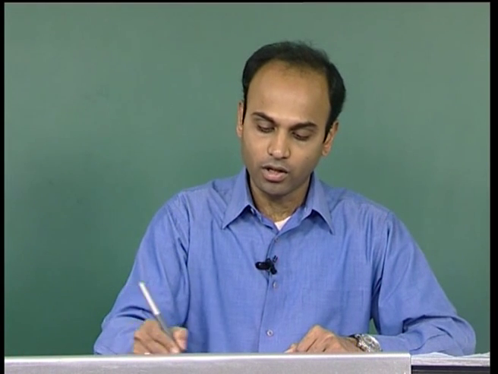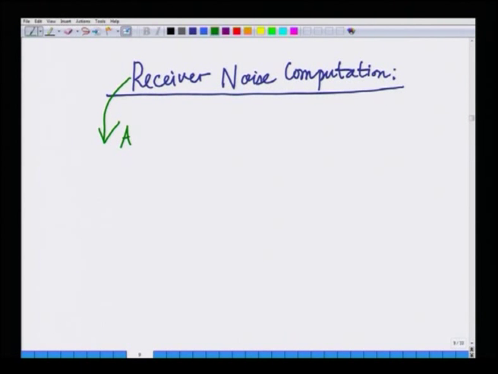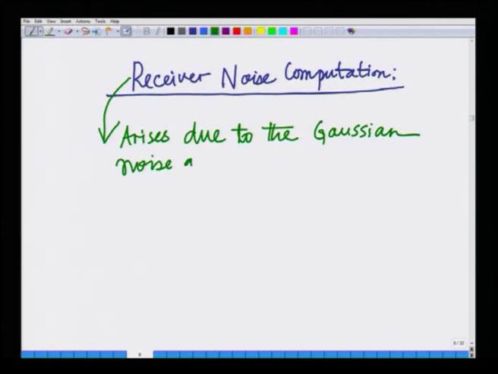This arises due to the thermal or Gaussian noise, what we model as Gaussian noise at the receiver.